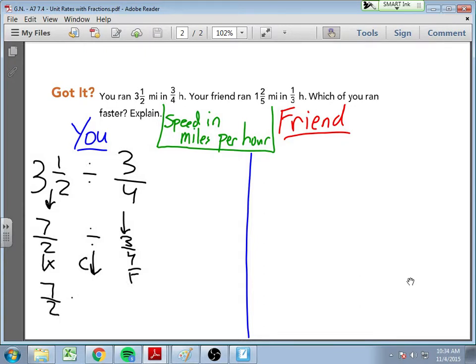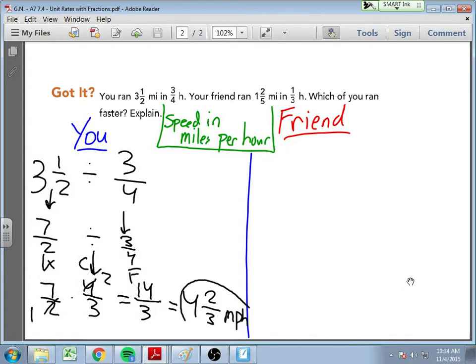The 7 and my 2 can't be cross reduced. So it's 14 over 3. Are you with me through these steps? That makes sense? So that's 4 and 2 thirds. And then the other one is miles per hour since I did it. So go ahead and solve for your friend in miles per hour.